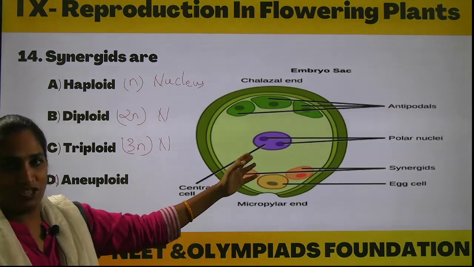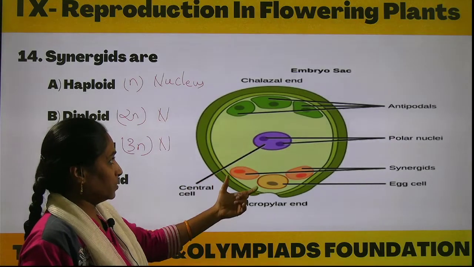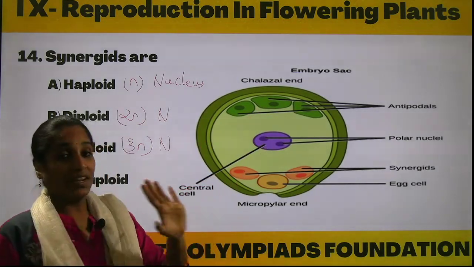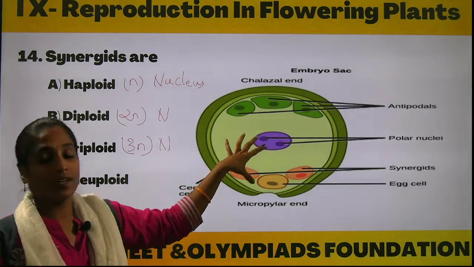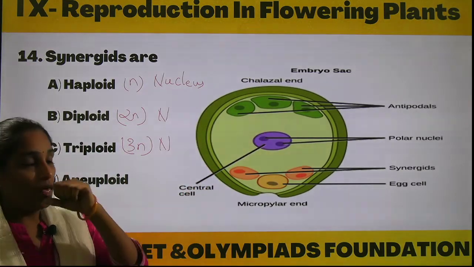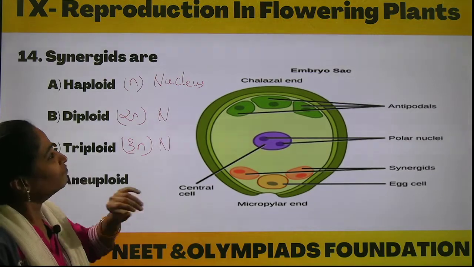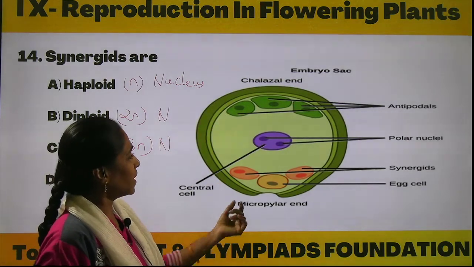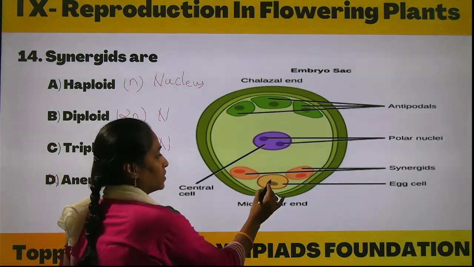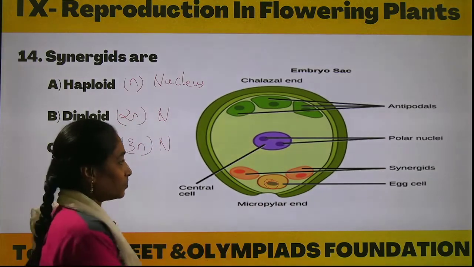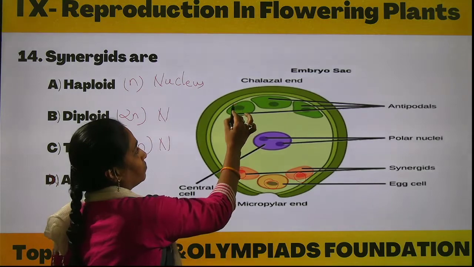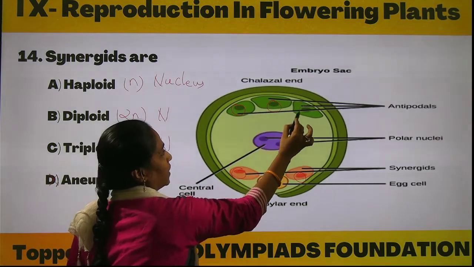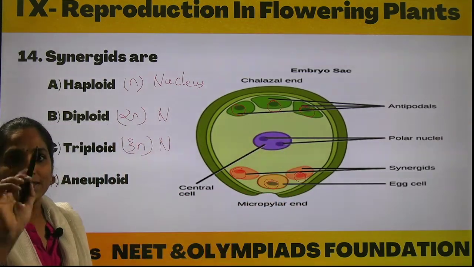So coming to the picture itself, we can observe 7 cells but 8 nuclei in the cells present inside the embryo sac. Within the embryo sac, the egg cell contains a single nucleus, the synergid contains a single nucleus, and each antipodal also contains a single nucleus.